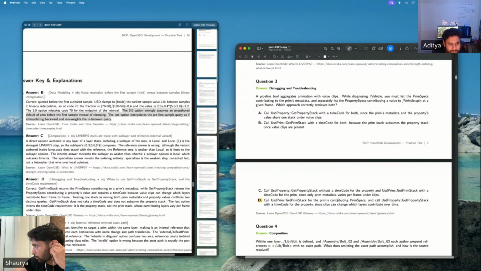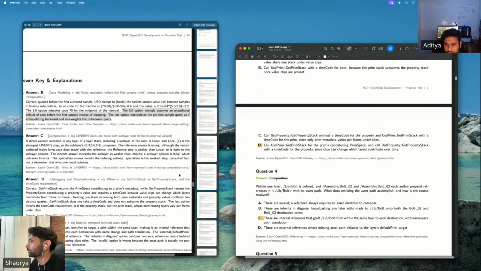The time code for the property. Since clips can change, which layer contributes over time?